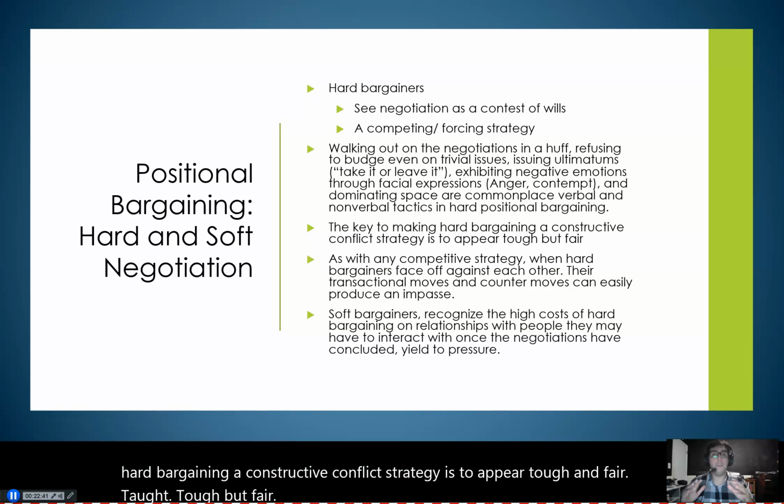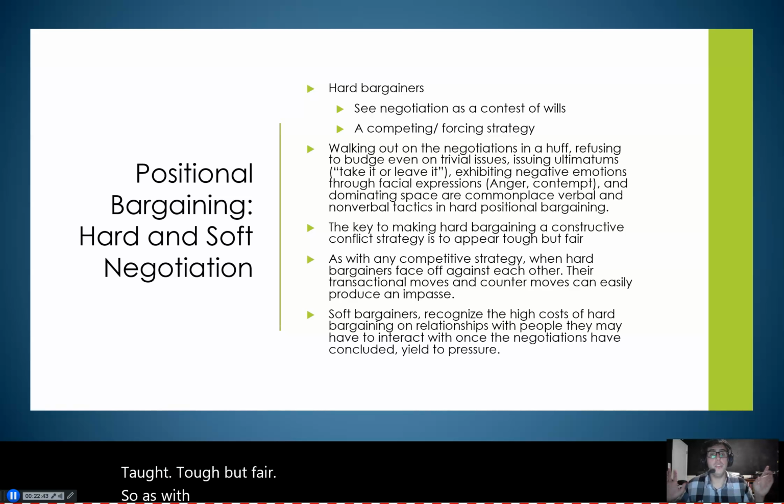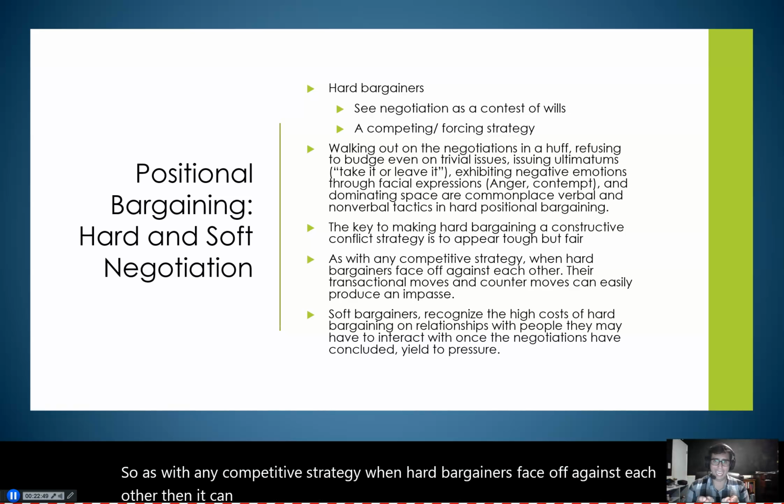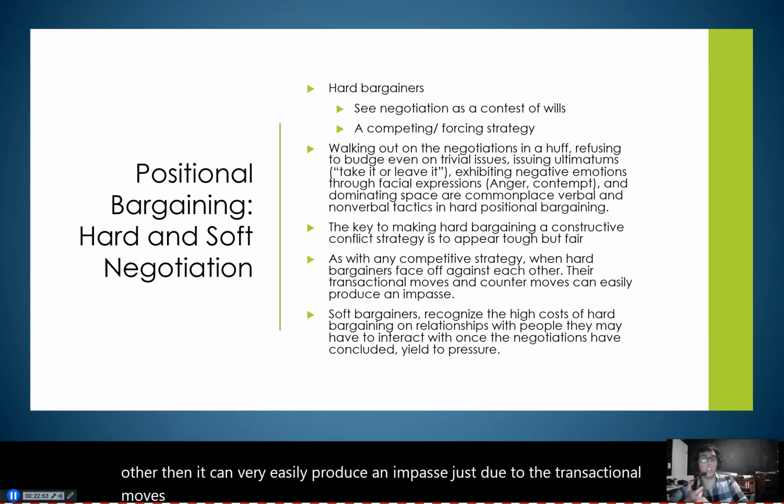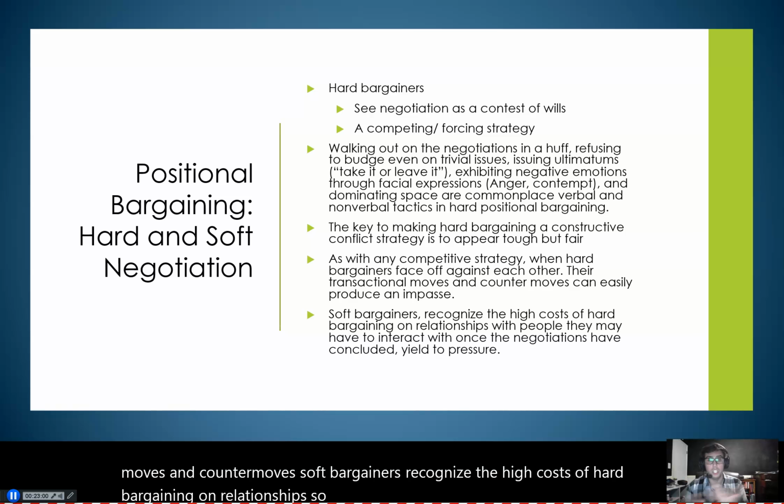As with any competitive strategy, when hard bargainers face off against each other, it can very easily produce an impasse just due to the transactional moves and countermoves. Soft bargainers recognize the high costs of hard bargaining on relationships, so therefore are more likely to yield to the pressure of a hard bargainer.